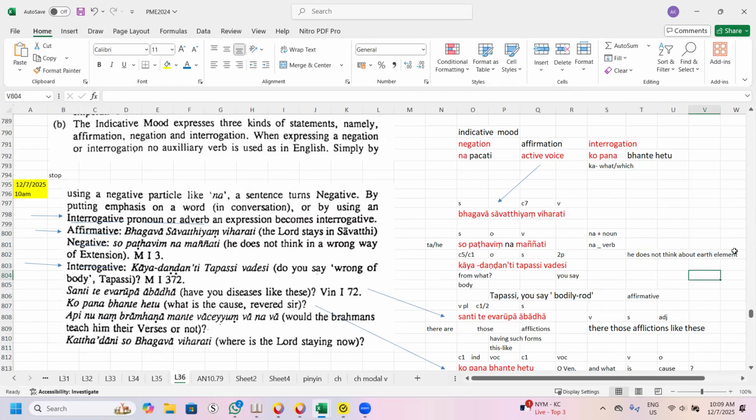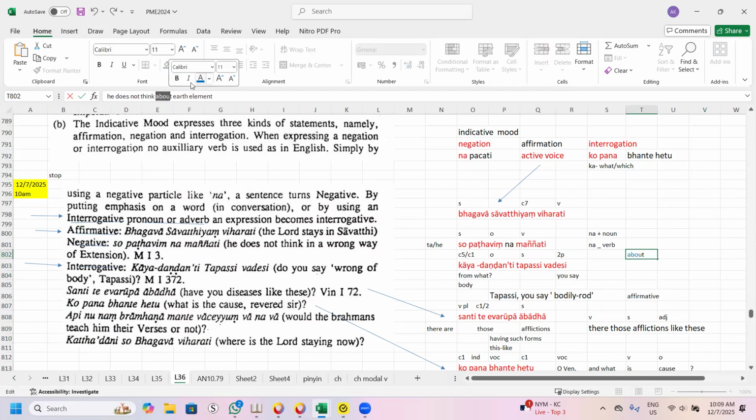It should be talking about the earth element. So the word about is not in this line because this is an object. So this one you have to put in: about. And then does not.